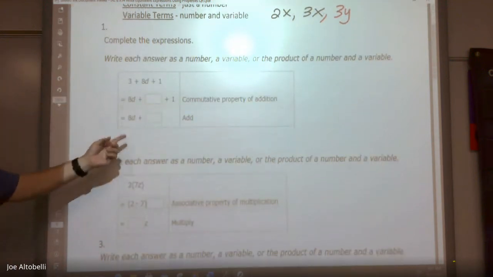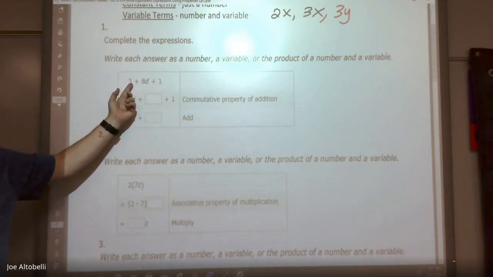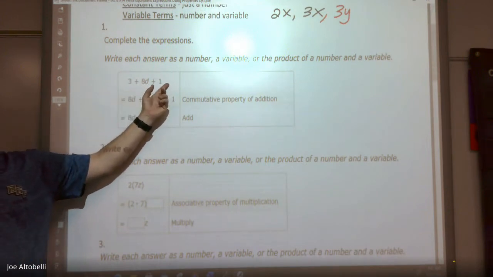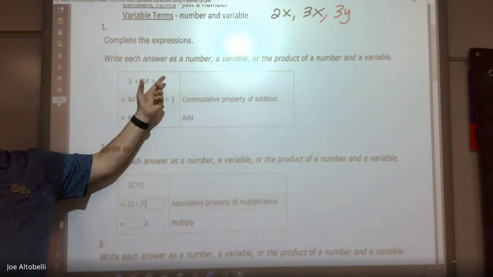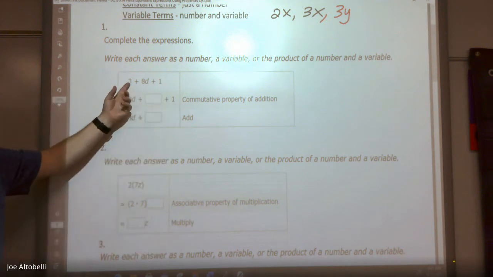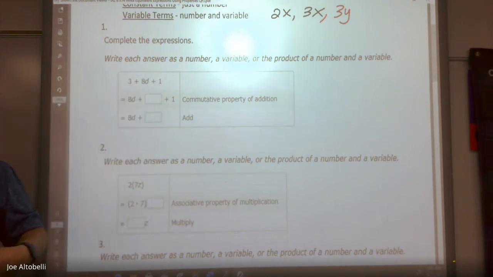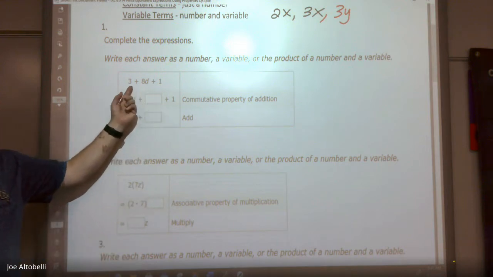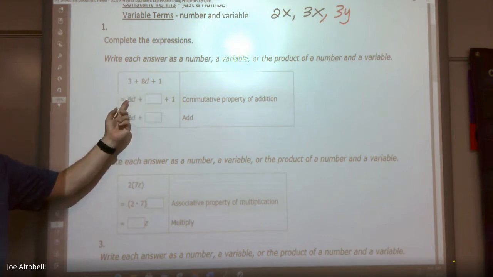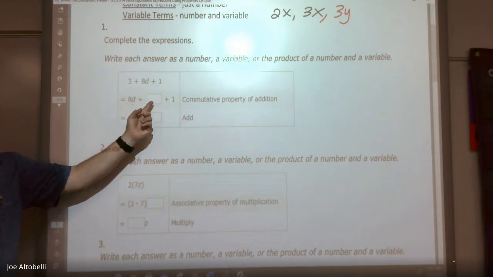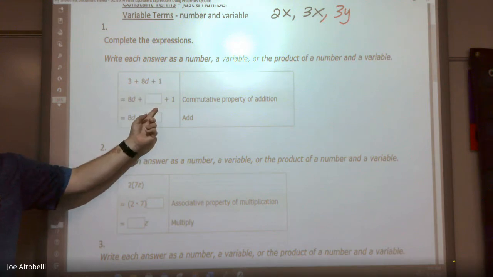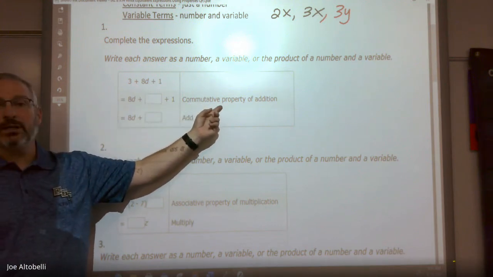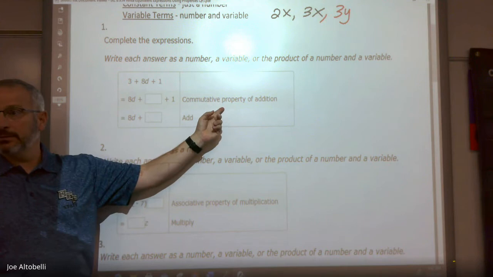Okay, so when you look at this, we have a 3 plus 8d plus 1. Some of you, eventually, are going to figure out, oh, I can just add those together and get 4 done. But why can you do that? Well, notice we went from 3 plus 8d to 8d plus 3. We used the commutative property.